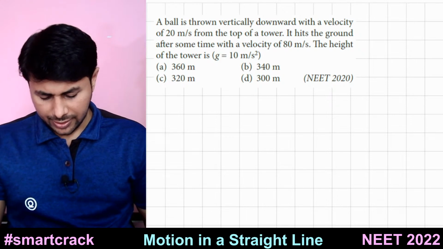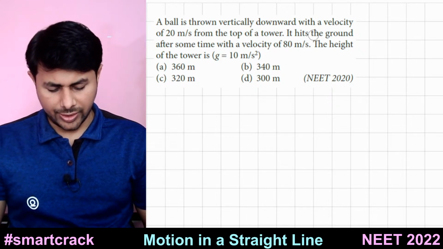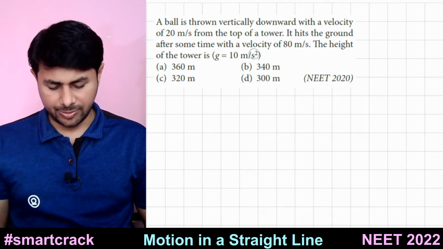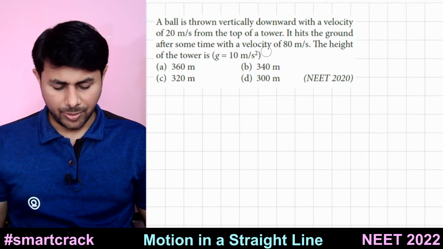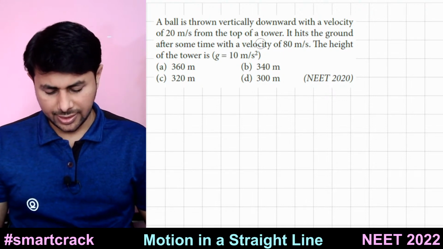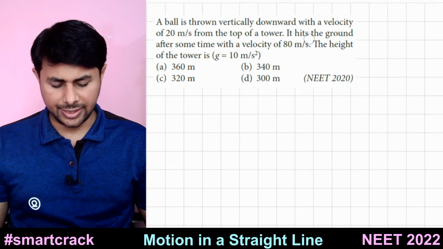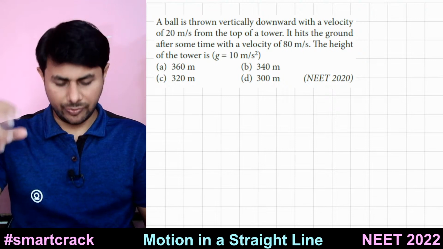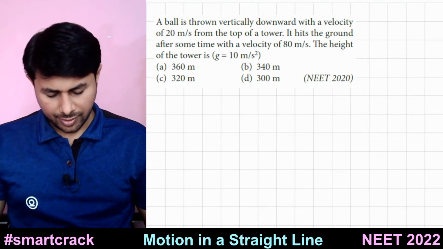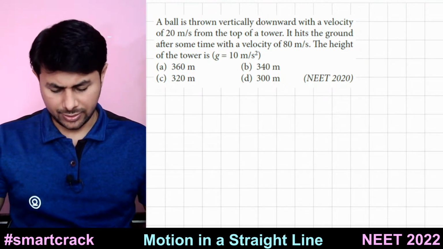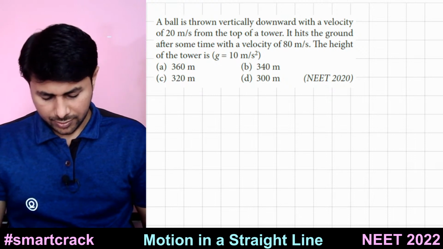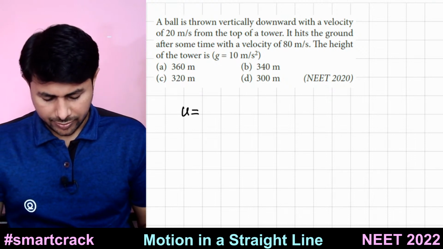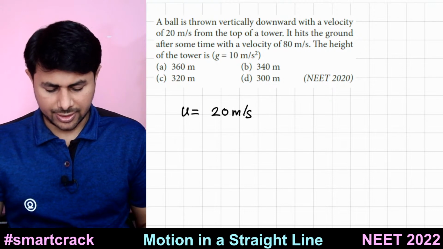Next problem is a ball thrown vertically downward with a velocity 20 meters per second from the top of the tower. Okay, it hits the ground after some time with velocity 80 meters per second. The height of the tower is, okay, so u is equal to 20 meters per second, the initial velocity.